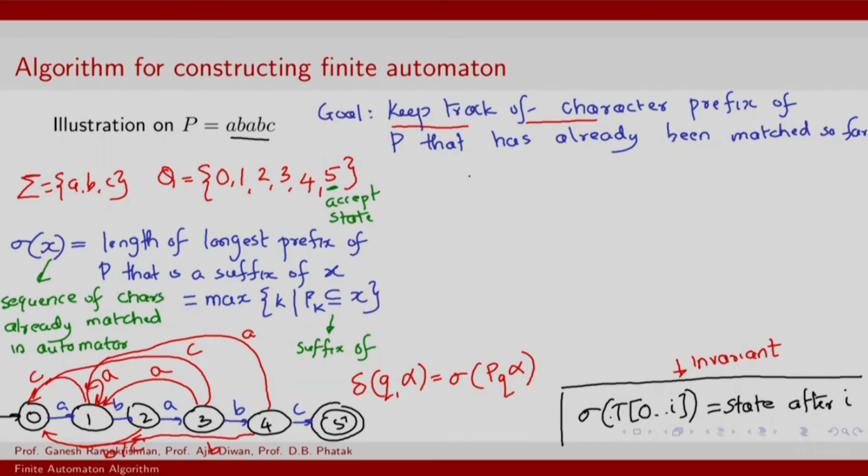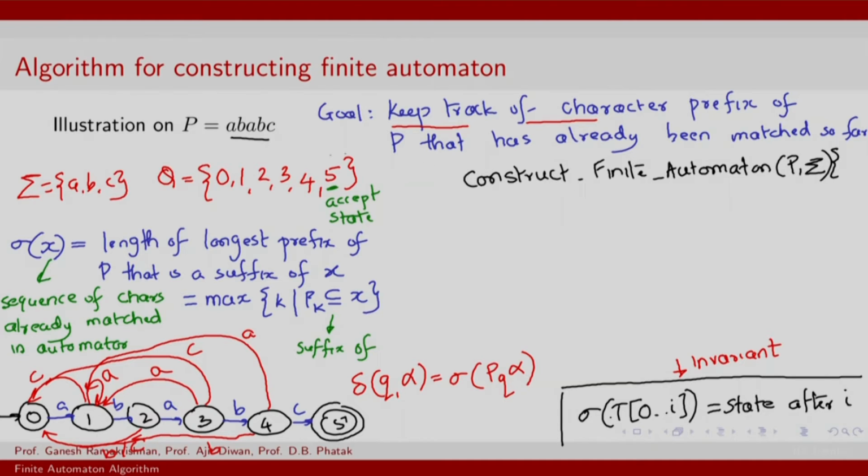So let us call this algorithm construct finite automaton for a given pattern P with sigma.